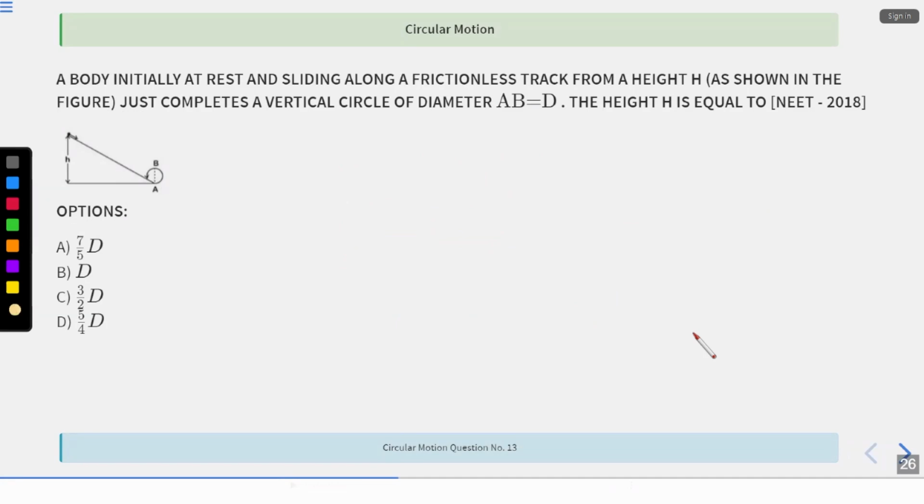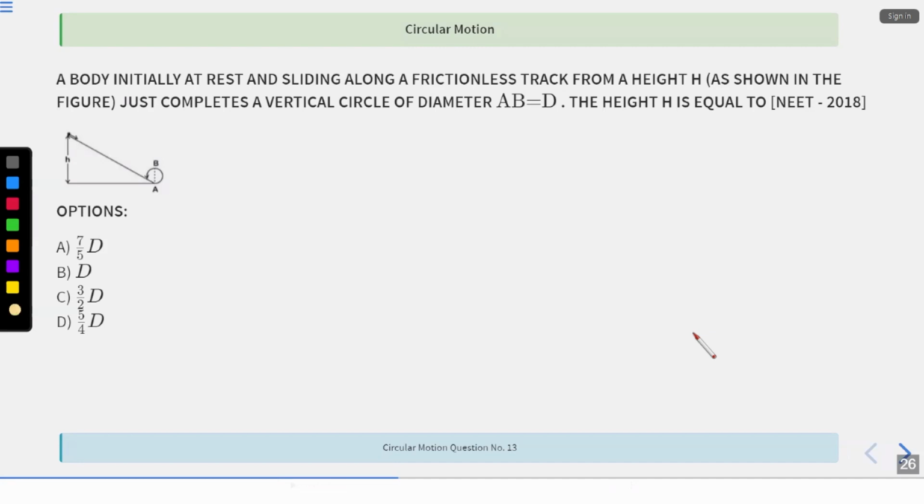Okay, so moving on to the next question. A body initially at rest slides along a frictionless track from a height h as shown in the figure.